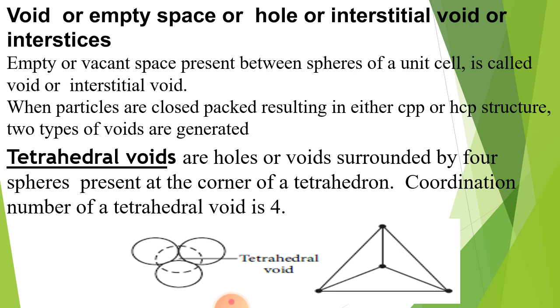Now, tetrahedral voids are holes or voids surrounded by 4 spheres at the center of a tetrahedron. That's why the void is known as tetrahedral void. Look at the diagram.